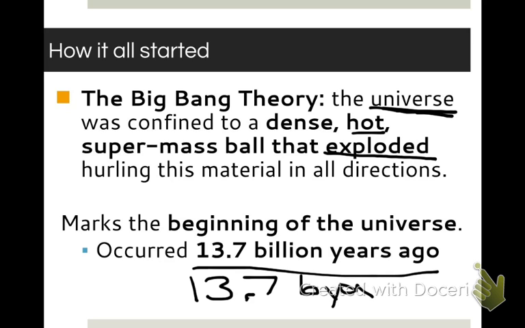You do need to be familiar with about how long ago it was. They're not going to give you answer choices that say stuff like 13 or 13.5, 13.7, and make you choose between those. But they may give you something in the millions versus the billions, so you do need to be familiar with about how long ago it all occurred.